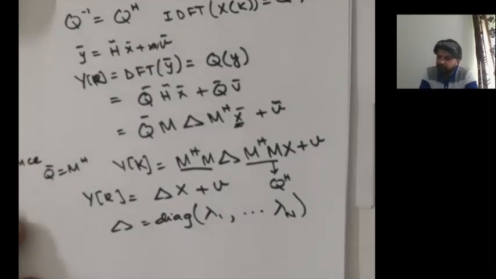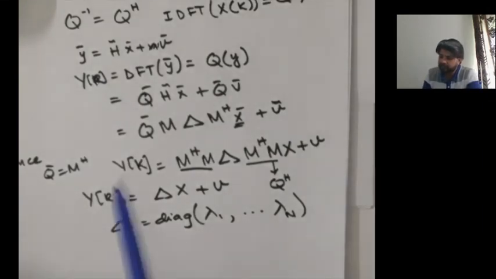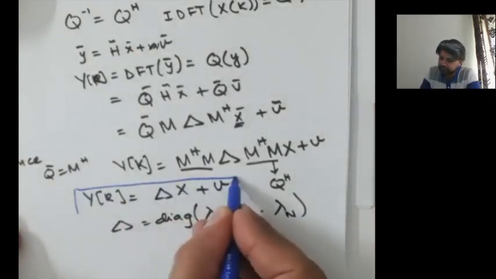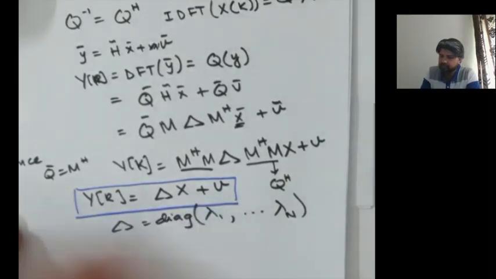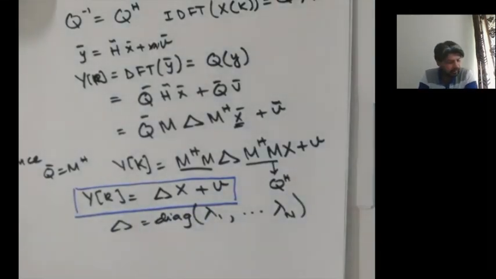And you can see that at the very end you have a very easy representation here. That is, your y of k is delta times capital X plus v, which is a diagonalized version.